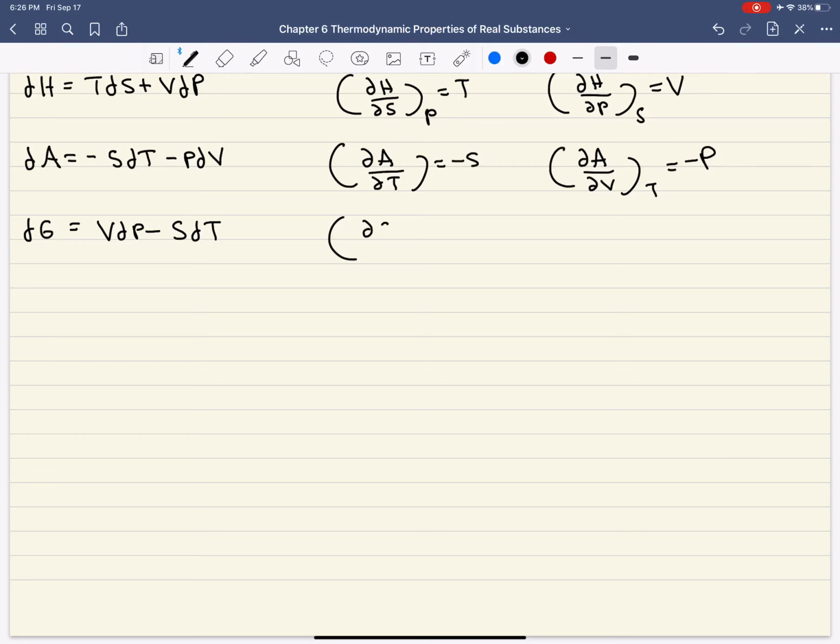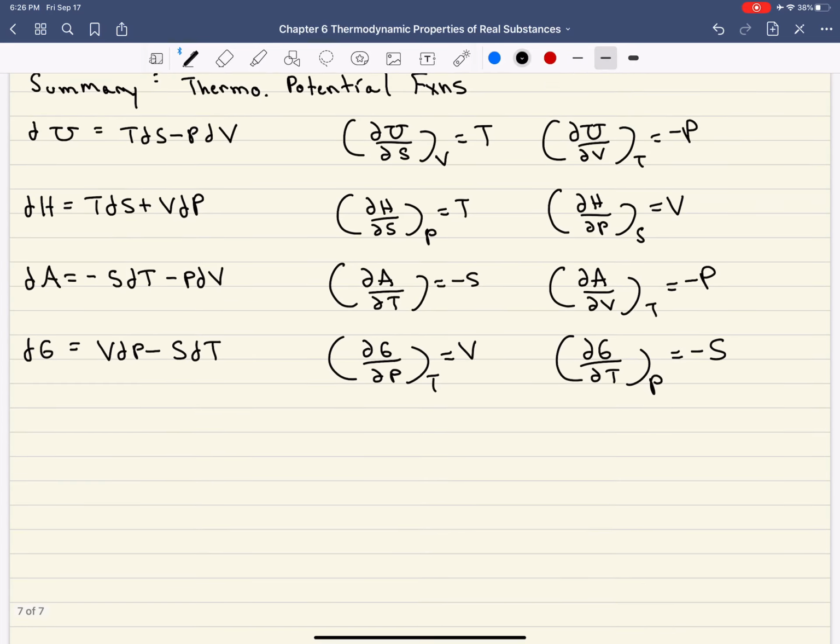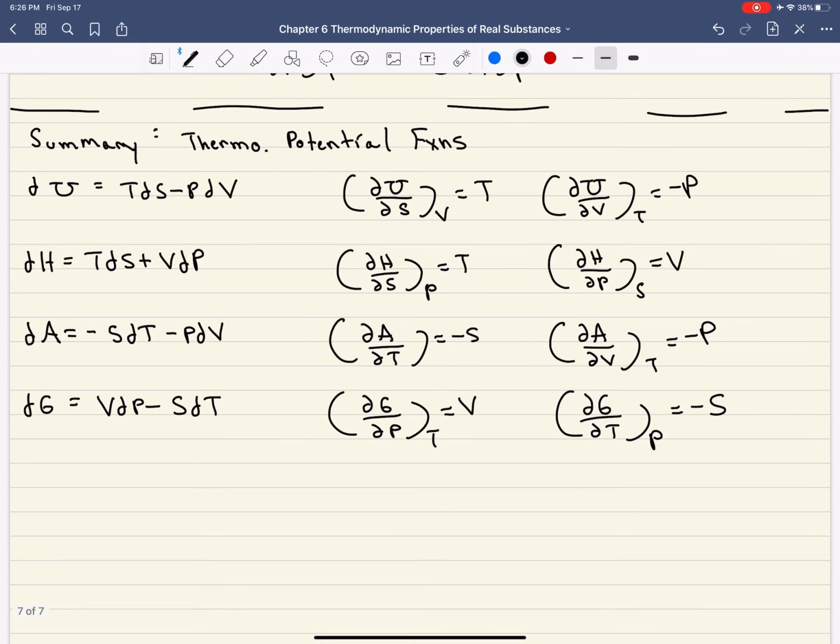And this one's dG/dP at constant T is equal to volume, and dG/dT at constant P is equal to negative S.